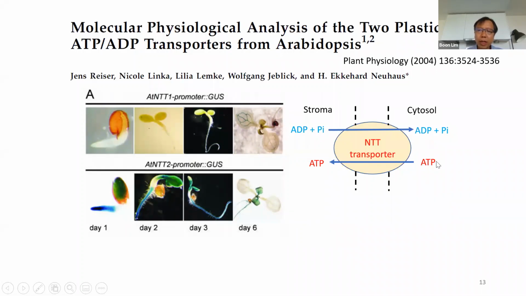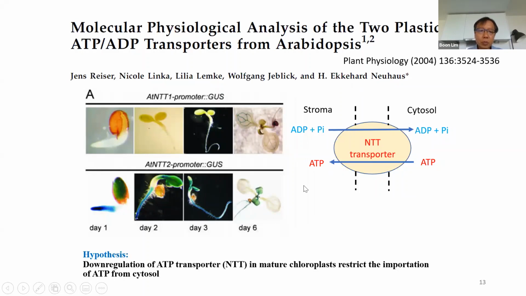So the import of ATP is followed by the export of ADP and Pi to the cytosol. In Arabidopsis, there are two NTT genes. NTT1 is mainly expressed in the vein, whereas NTT2, you can see, is highly expressed in the cotyledon at day 1, day 2, and day 3, but the expression is downregulated by day 6. And NTT is only expressed in the root and the young leaf.